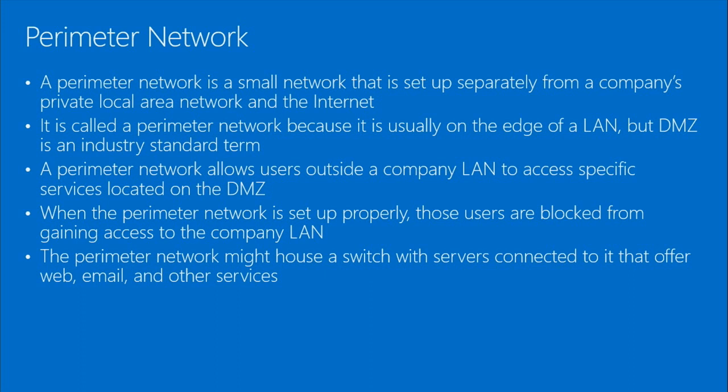It allows users outside a company to access specific resources or services located within this perimeter network region. When set up properly, users are blocked from gaining access to the company LAN, but they still have access to resources needed provided by the company.